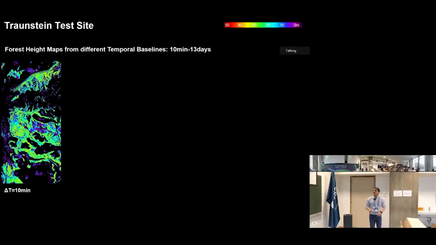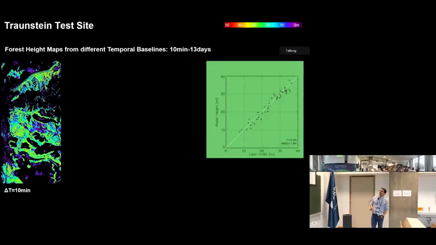Let's see an example. So, Traunstein forest, single baseline, Pol-InSAR inversion, 10 minutes repeat pass, basically L-band, negligible temporal decorrelation, forest height inversion, something like this, it's fine, acceptable.